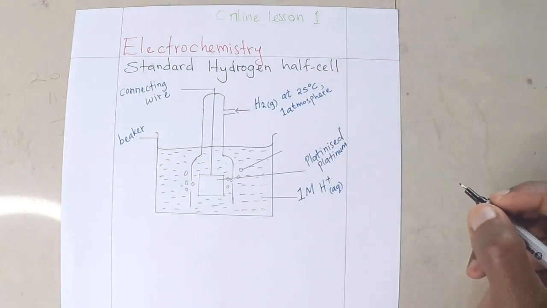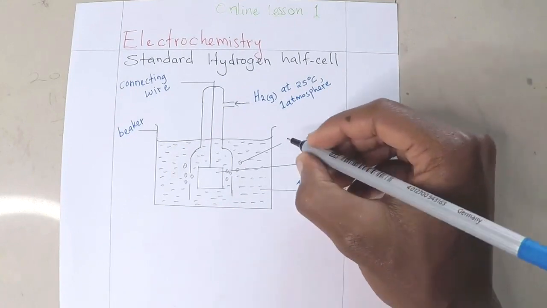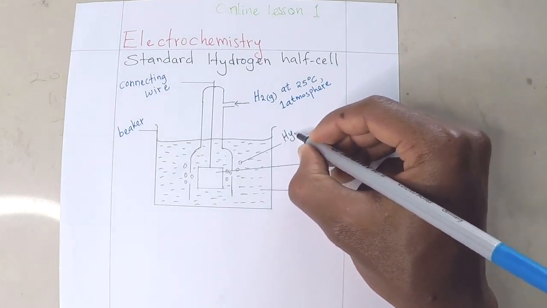During the process of operating the hydrogen half cell, bubbles of hydrogen gas are usually seen.